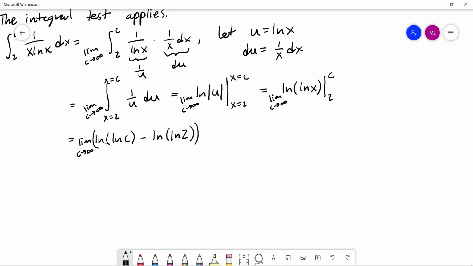Does this converge or does this go to infinity? Well, as c goes to infinity, the log of c is also going to infinity, and the log of that infinity will also go to infinity. So this piece is going to diverge. This piece goes to a constant. And so if I have something that's going to infinity minus a constant, the whole thing is diverging.